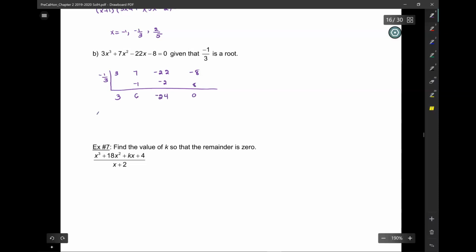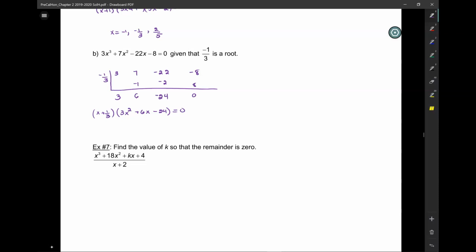So I have x plus a third times 3x squared plus 6x minus 24 equal to 0. Now, I know for this particular problem, this wouldn't make a difference.